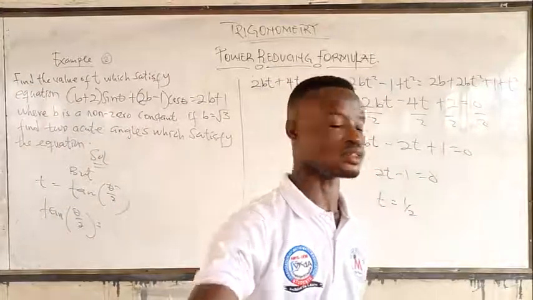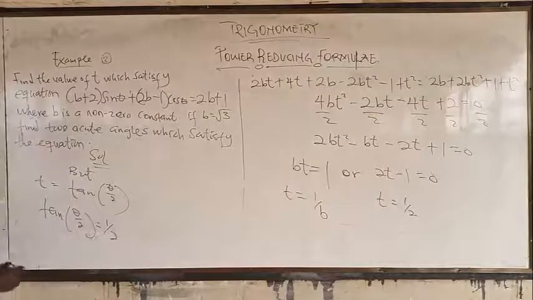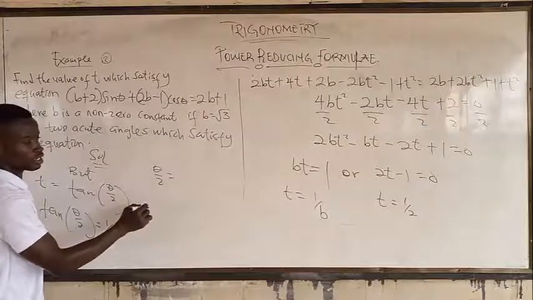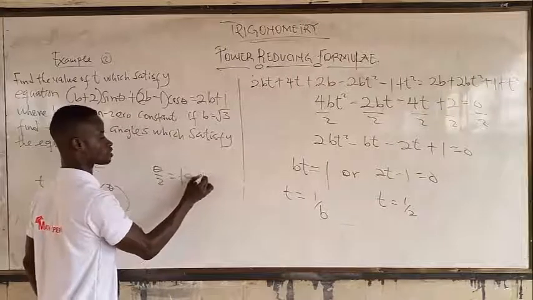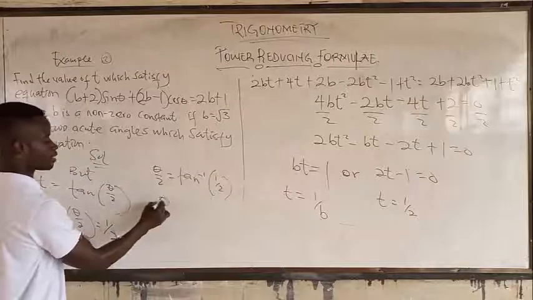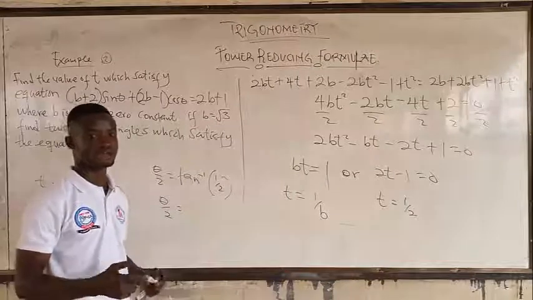We can first equate it to half, and this is going to give us theta over 2 equal to tan inverse of half.